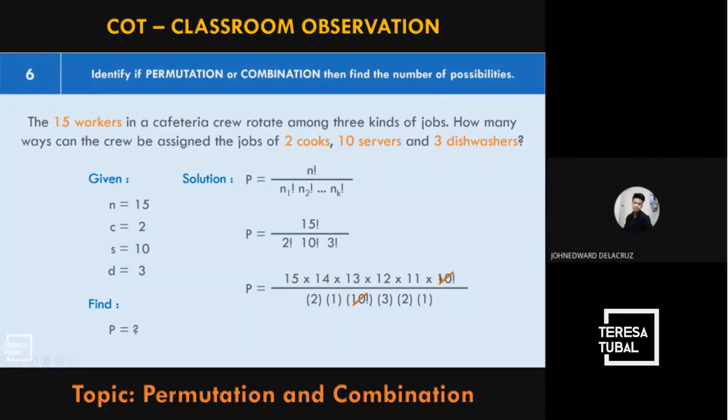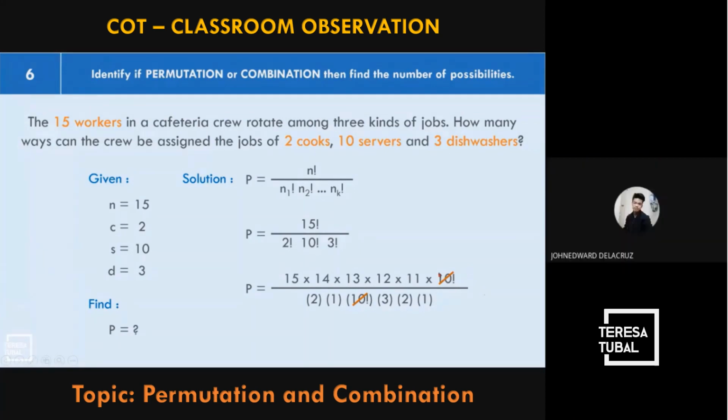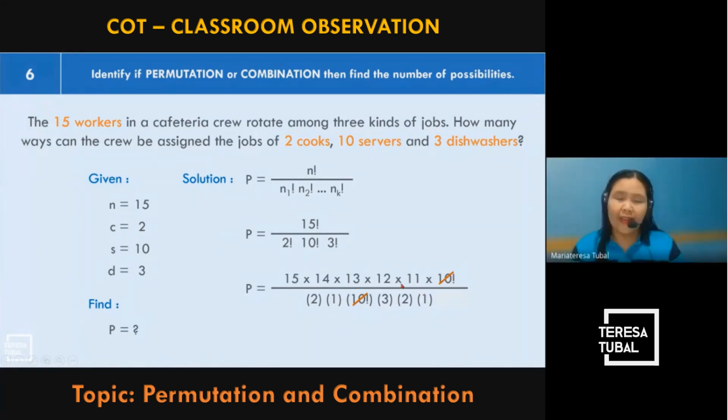Tapos yung 3, 2. 10? Okay, again. You said a while ago, 12 divided by 2, right? 12 divided by 2, ano pa, Edward? 3 po. Okay, 3 and then?